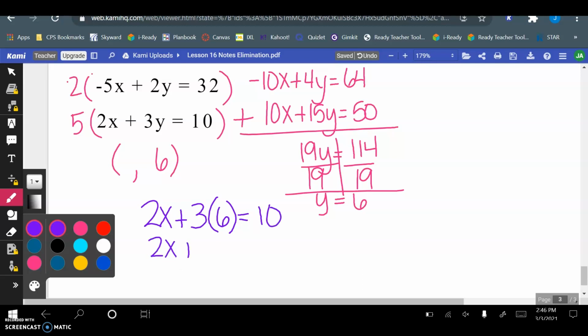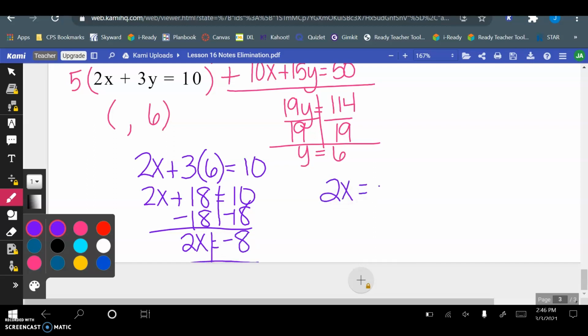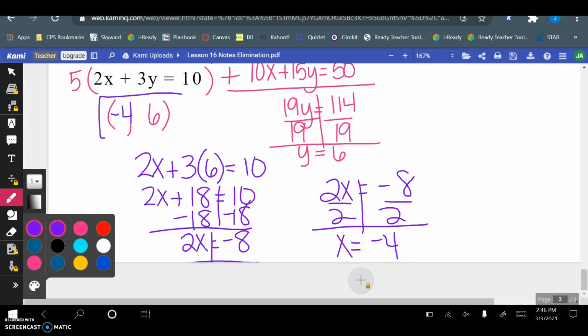So 2x plus 18 equals 10. I'm going to subtract 18. So I have 2x equals negative 8. Then I'm going to divide that by 2. So x equals negative 4. These two cross at negative 4, 6.